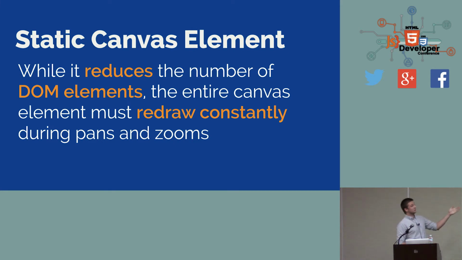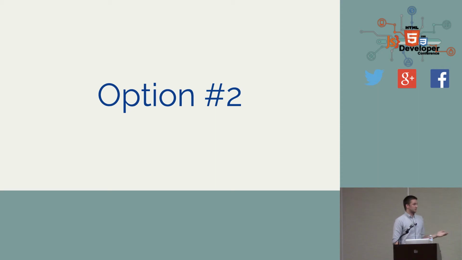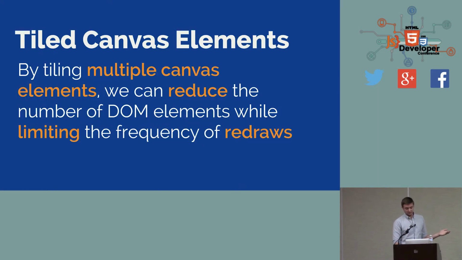So while this does drop the number of DOM elements, it requires a lot of redrawing. Our second option, and the one we went with, is using tiled canvas elements. Just like we have tiled images for the maps, on top of each tiled image we draw a tiled canvas element.